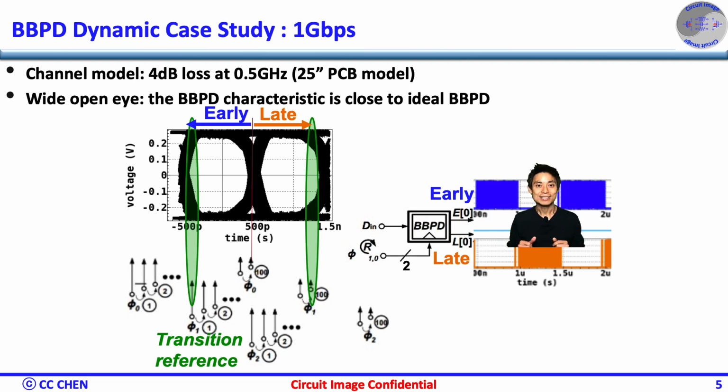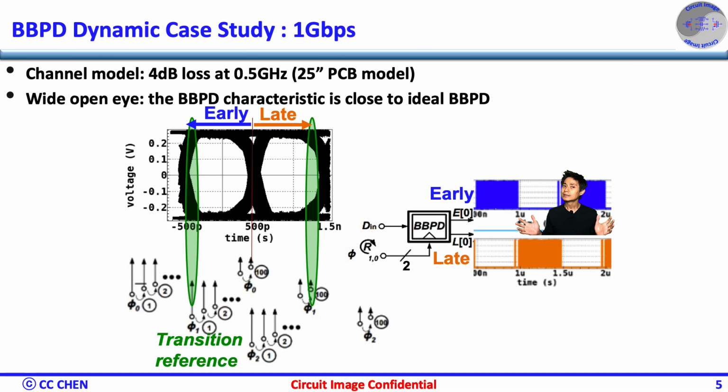And as long as the clock phase passes through the data transition, the early flag will stay 0, while the late flag will stay 1 most of the time, and vice versa. During this experiment, the functionality of the BBPD works well for sure.